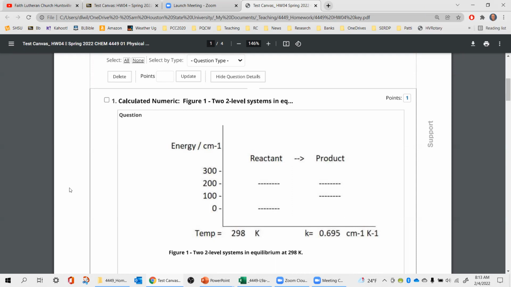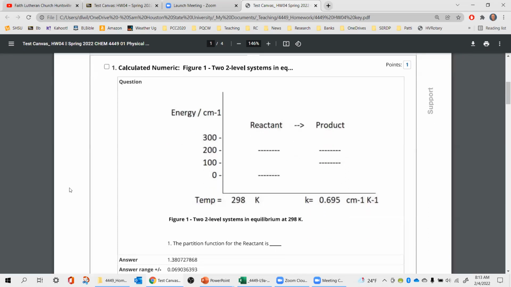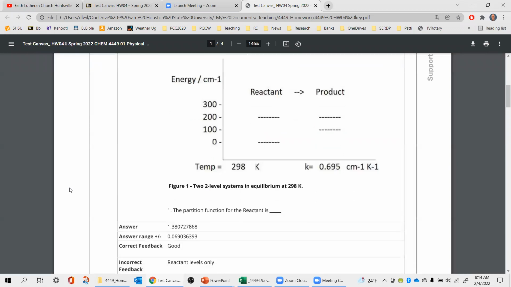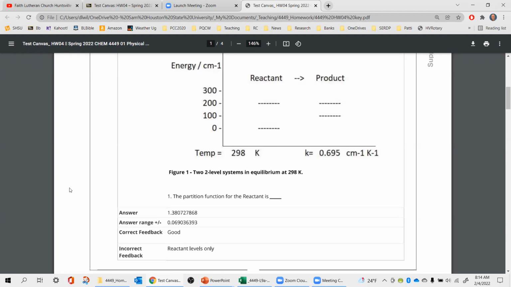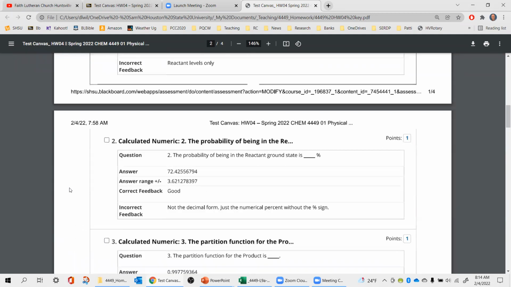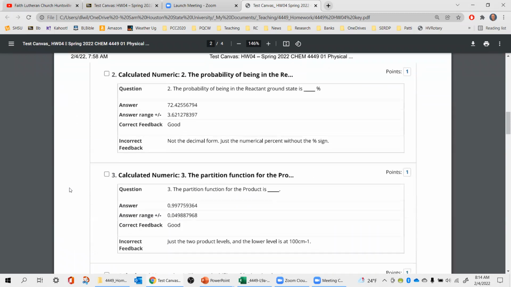For question number 1, I went through the process like we did. I got my Q for number 1 and number 2, and my probability, and everything looks correct. But for 3 and 4, the partition function and the probability of being in the ground state for the product, I must have done something wrong.